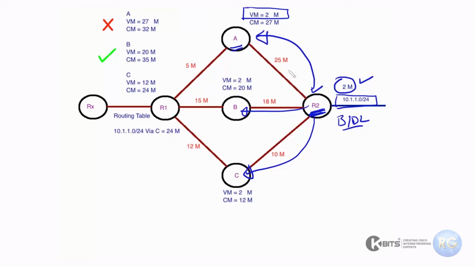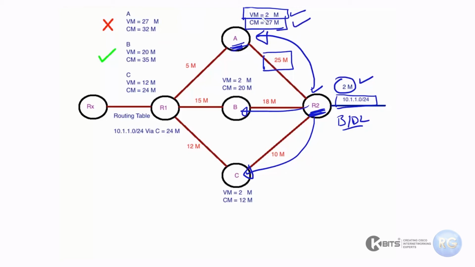That is router 2's cost to 10.1.1.0. A needs to determine his own cost to get to R2. His cost to get from A to R2 is 25 million. So he says, this guy's cost is 2 million, my cost to get to R2 is 25 million, so my total cost is 27 million.